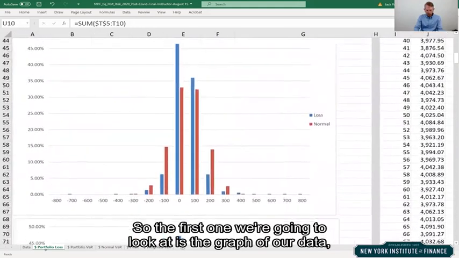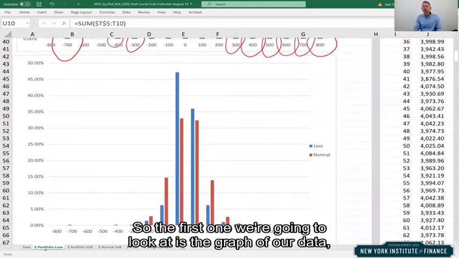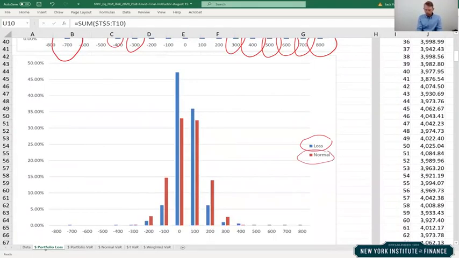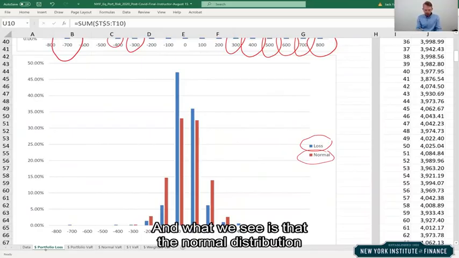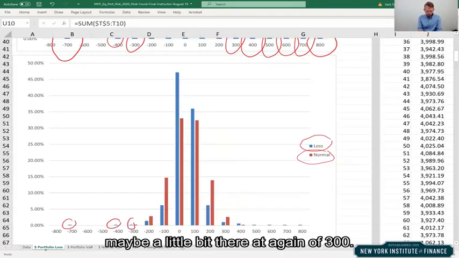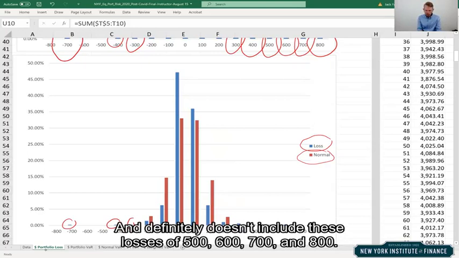So the first one we're going to look at is the graph of our data, which is in blue, the loss data, compared to the normal distribution. Okay. And what we see is that the normal distribution does not include all of these gains that we saw before, maybe a little bit there at a gain of 300, and definitely doesn't include these losses of 500, 600, 700, and 800.